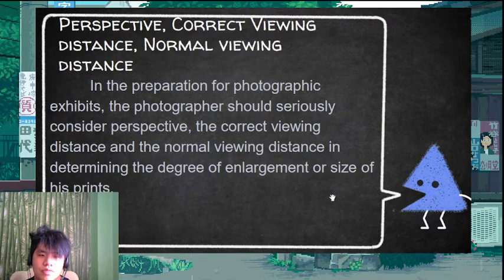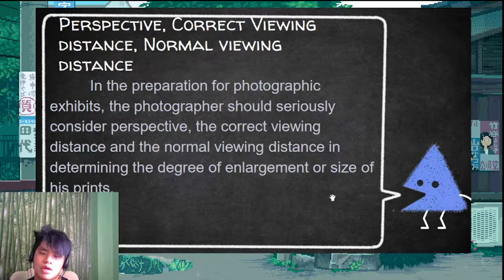Ayun. So perspective, correct viewing distance and normal viewing distance. In preparation of photographic exhibits, the photographer should seriously consider perspective, the correct viewing distance, and normal viewing distance in determining the degree of enlargement or size of his print. So, normal eye level, at tingnan mo para may relationship siya sa ibang evidence, or yung normal na sight ng tao.